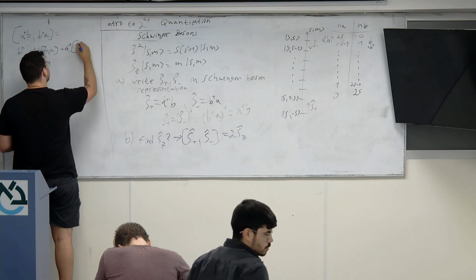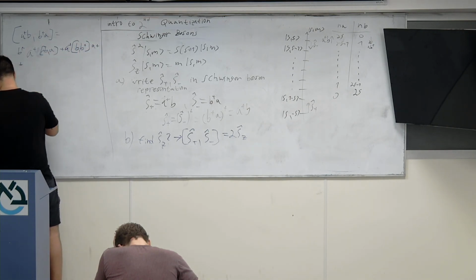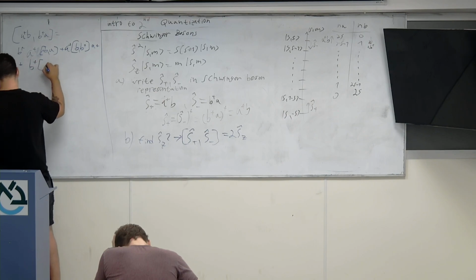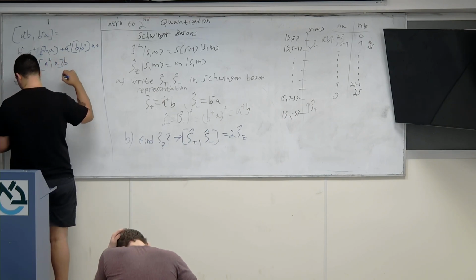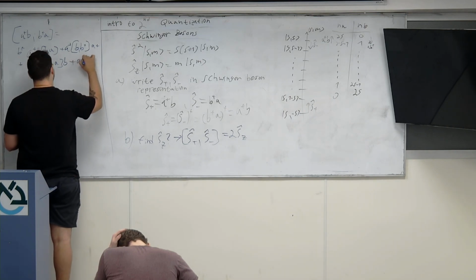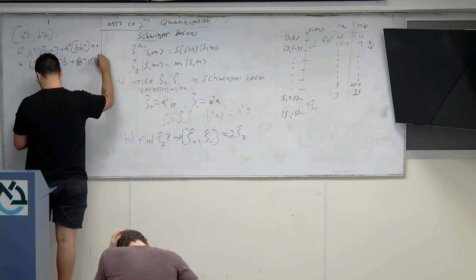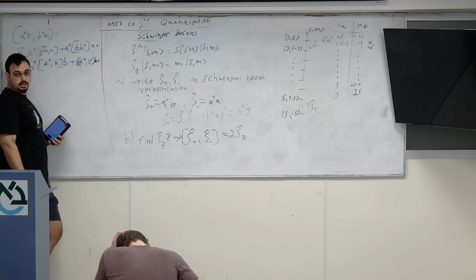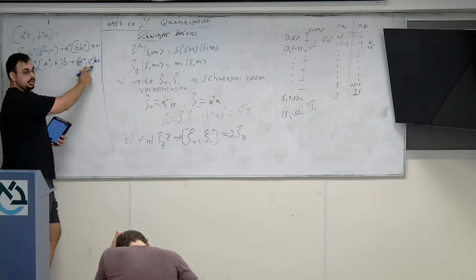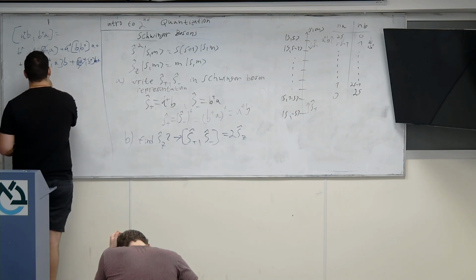A dagger, B dagger, A plus B dagger, A, B plus A dagger, B dagger, B. Right. First of all, do the commutation relation. The first and last terms cancel out.